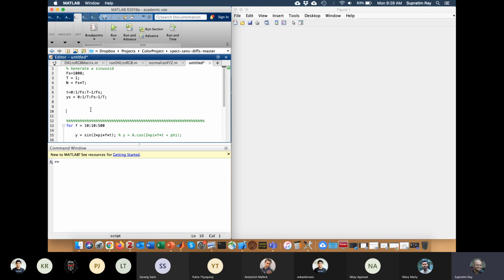Sampling rate is 1000, duration is 1 second, number of points is 1000. It's the product of these two. I made the time vector. I'm going to generate a signal X, which is all zeros. So it's a vector with 1000 zeros.